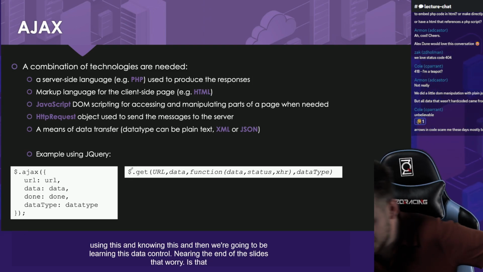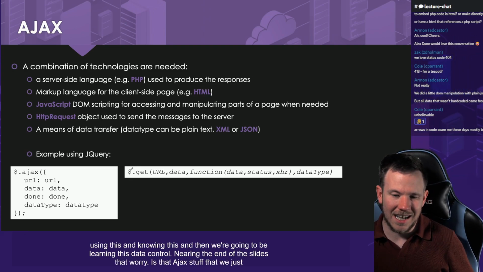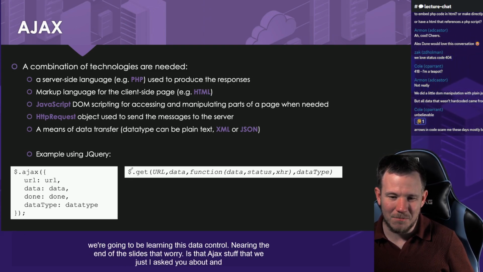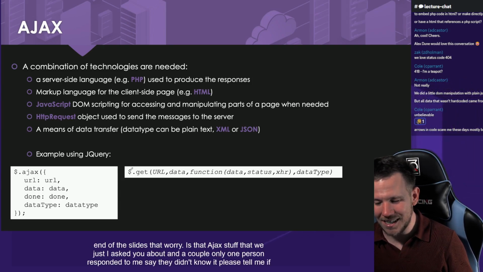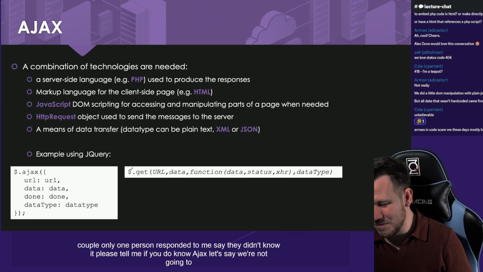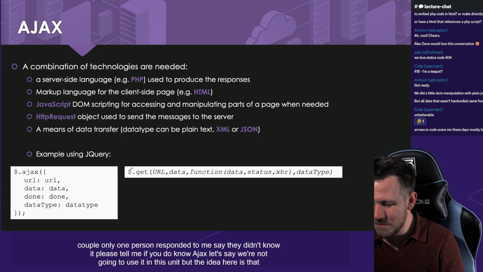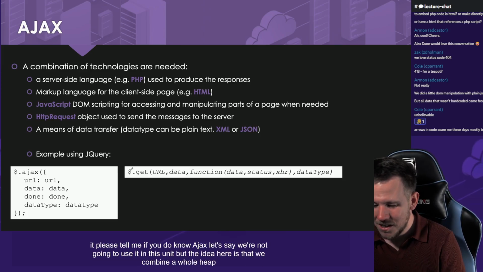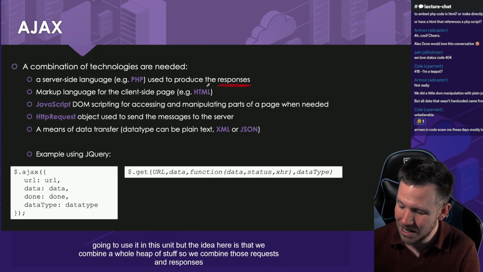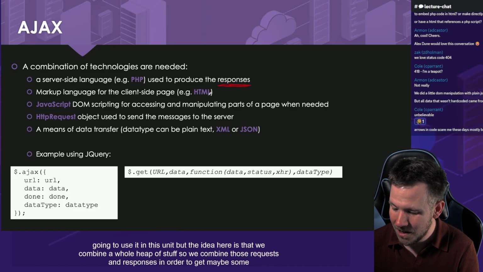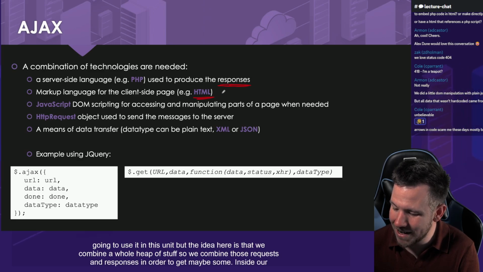Here's that Ajax stuff that I asked you about, and only one person responded to me to say they didn't know it. Please tell me if you do know Ajax. Like I said, we're not going to use it in this unit, but the idea here is that we combine a whole heap of stuff. So we combine those requests and responses in order to get maybe some data inside our normal HTML page.